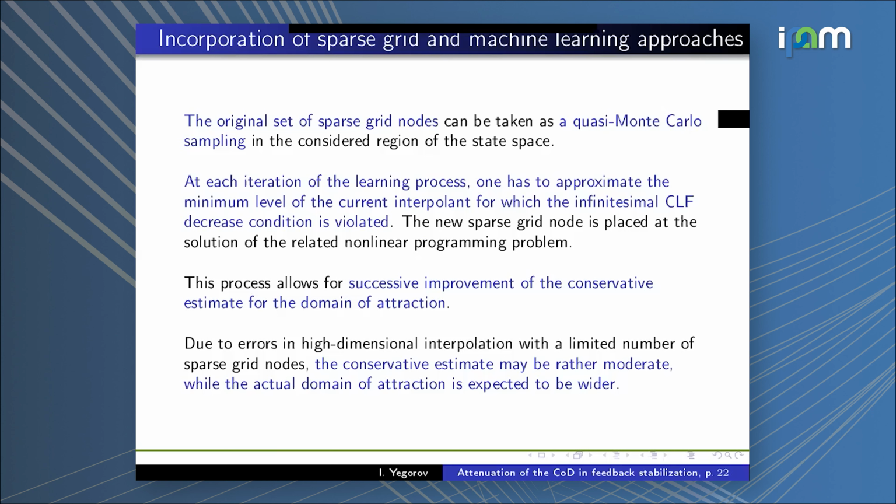It's known that for interpolating scattered data, it's better to take a quasi-Monte Carlo sampling. It's different from the original Monte Carlo sampling in the sense that the distribution is not uniform, but we try to allocate our points as densely as possible.